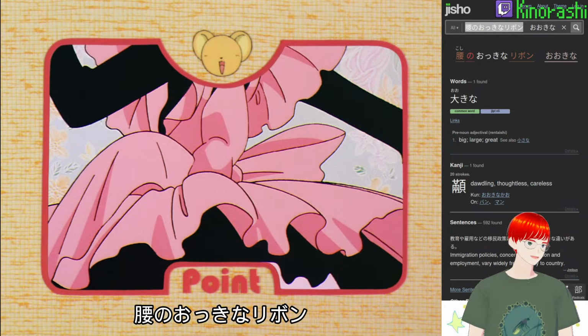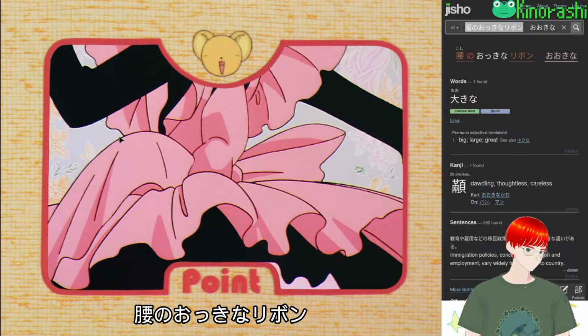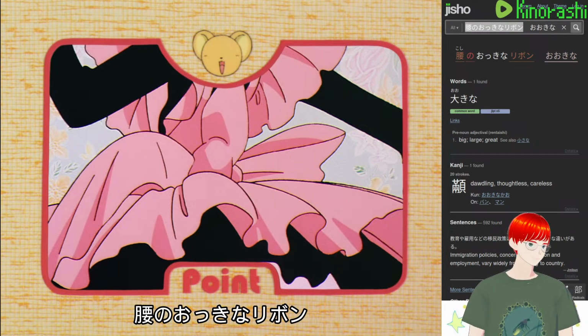And double checking. Okina, the casual colloquial form of oki, meaning big, large. Wait, isn't this from okina?